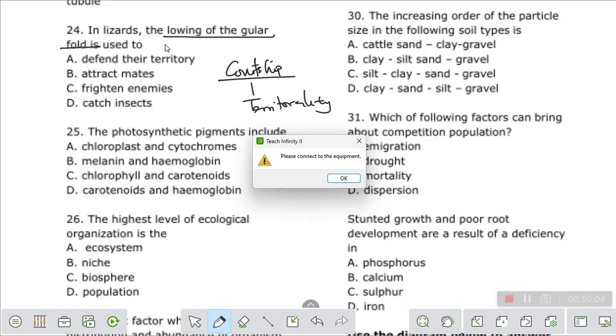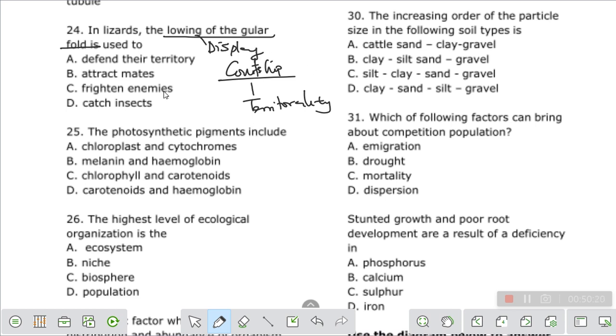So the photosynthetic pigments include what? What are the photosynthetic pigments? Is it the chloroplast? I told you the pigment in the chloroplast is actually chlorophyll, which is green, right? Is it melanin?